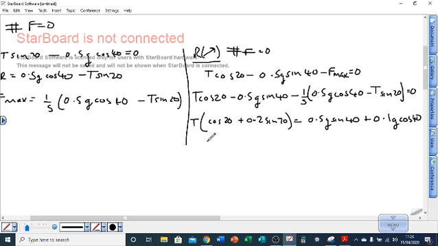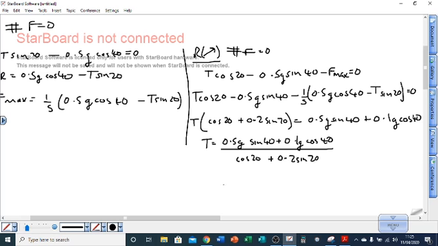And then finally we end up with T is equal to 0.5 g sin 40 plus 0.1 g cos 40, all divided by cos 20 plus 0.2 sin 20.